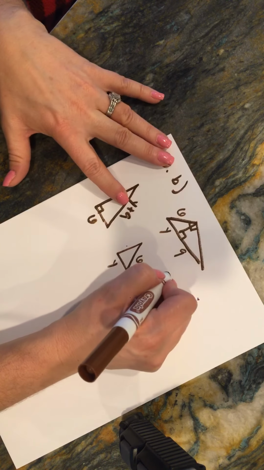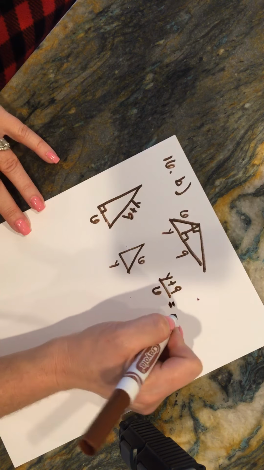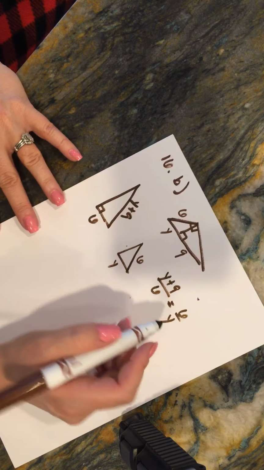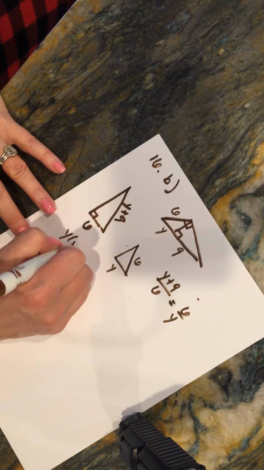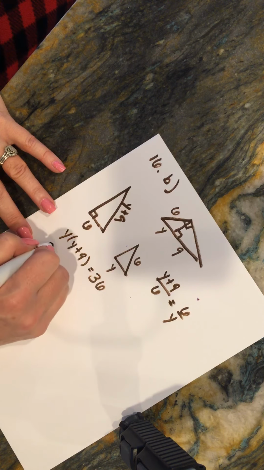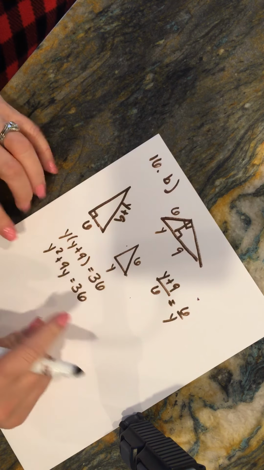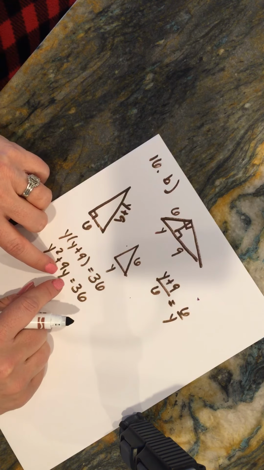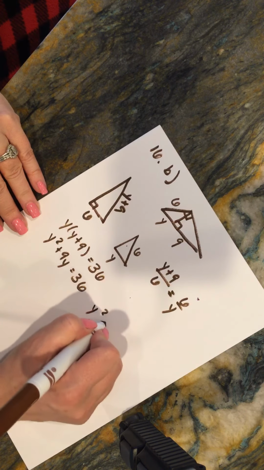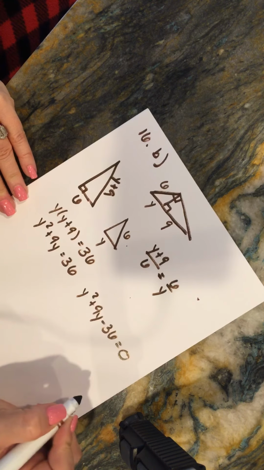So y plus 9 is to 6 as 6 is to y. Oh, this is going to be exciting. y times y plus 9 equals 36. Distribute: y squared plus 9y equals 36. Now remember, a quadratic term and a linear term tell us to set this equal to 0. So y squared plus 9y minus 36 equals 0.